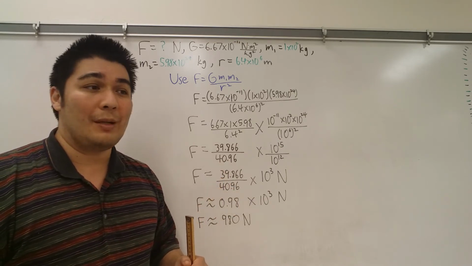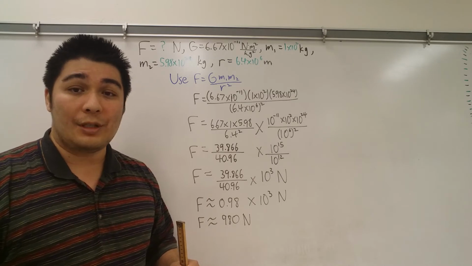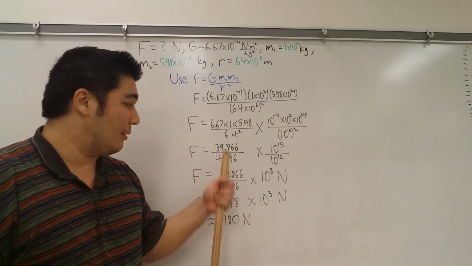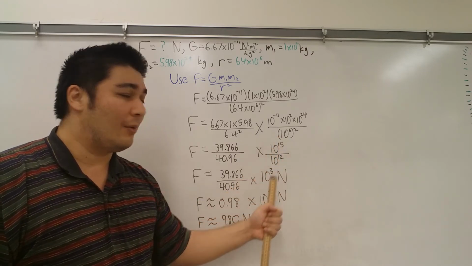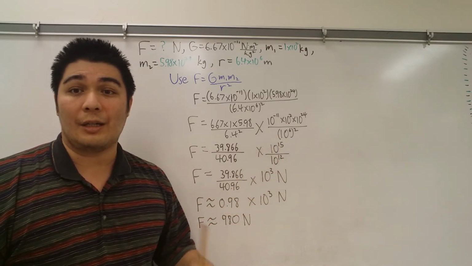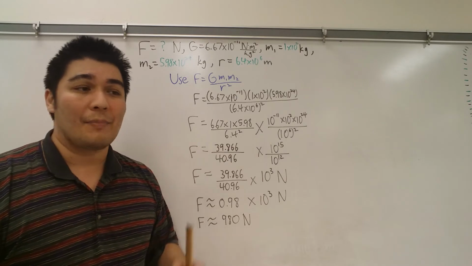So to avoid rounding needlessly, I'm going to just leave it as a fraction for now, all the way through until the very end, and I'm just going to deal with this 10 to the 15th over 10 to the 12th fraction and see how that comes out.